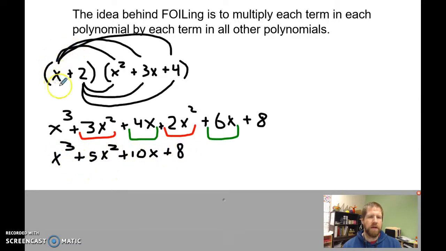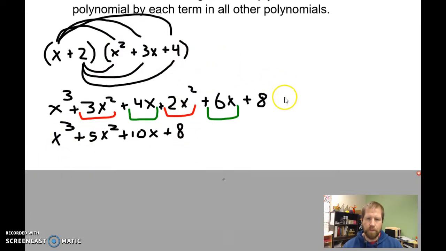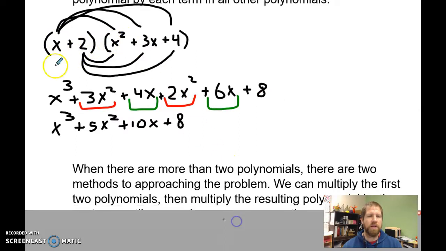By multiplying the first term by all the other terms, and then the second term by all the other terms in your other polynomial, you can get all of your terms. Now, this is for multiplying two polynomials together, where at least one of them is larger than a binomial.